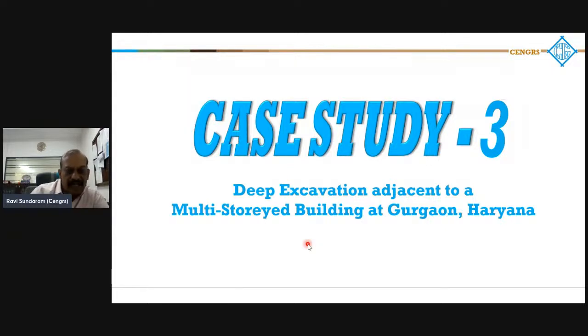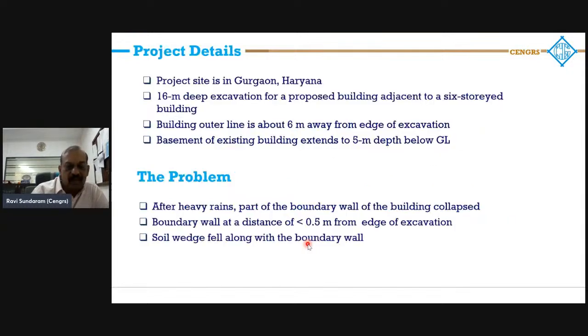Now I come to the last case study for this presentation. I could go on and on with many more, but I will restrict to this one more case study, a deep excavation adjacent to a multi-story building in Gurgaon.